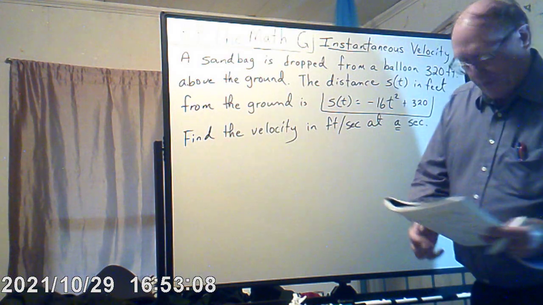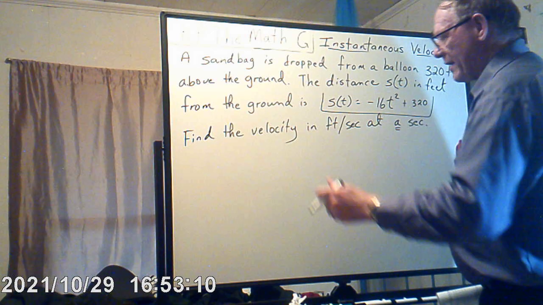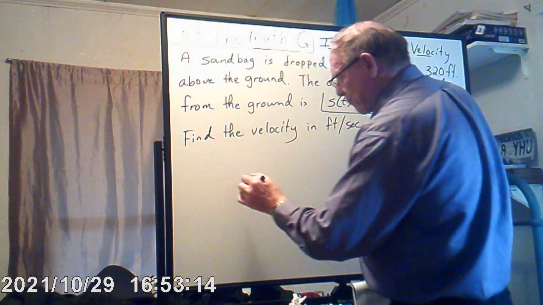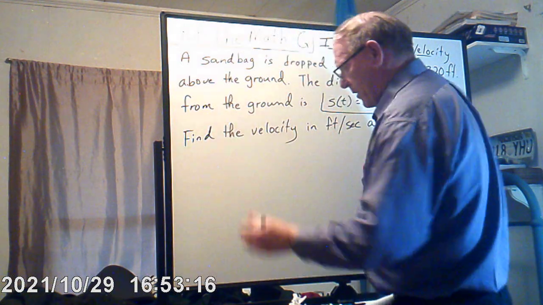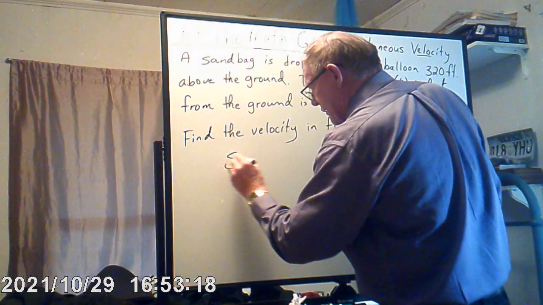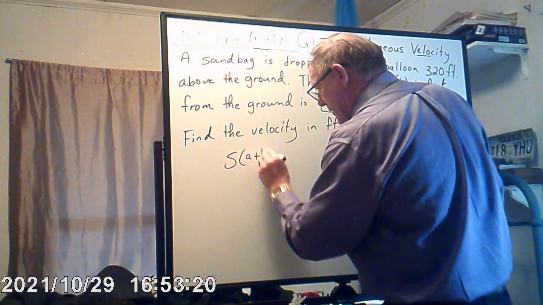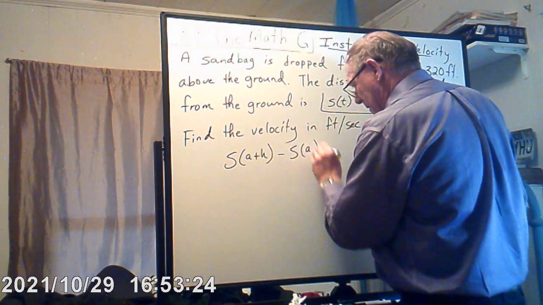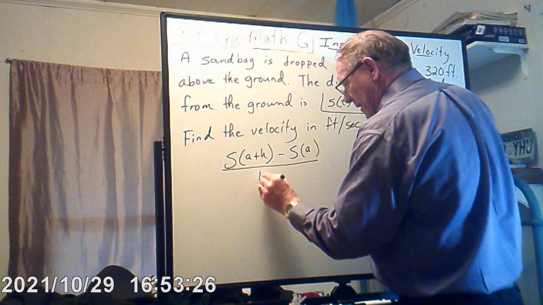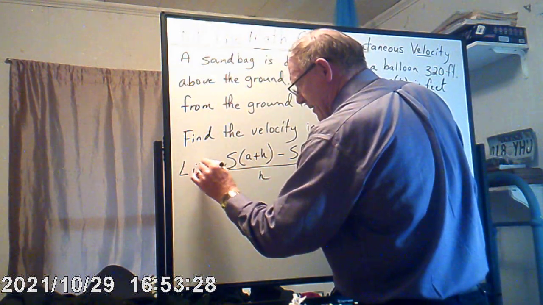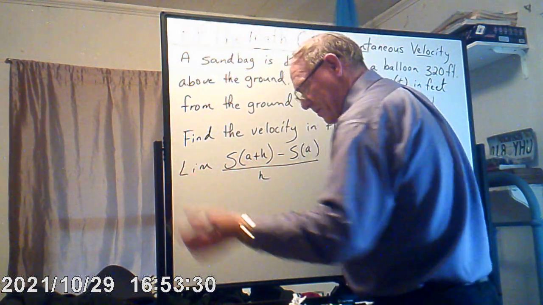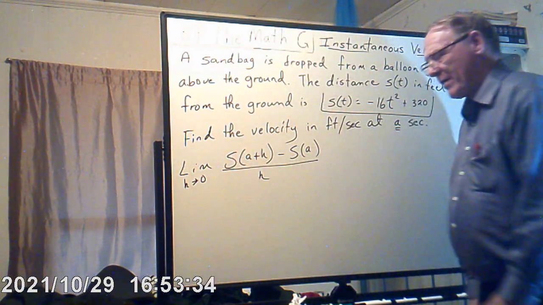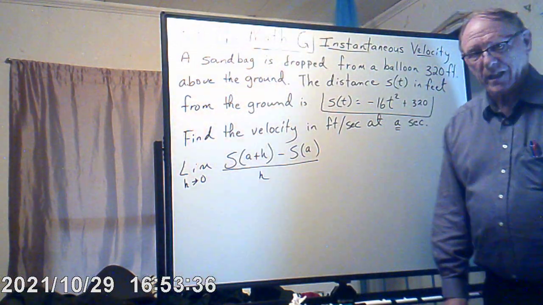Alright, so here's what we did last time. Remember that the average velocity is S at A plus H minus S at A all over H. But the instantaneous velocity is going to be as H approaches 0.